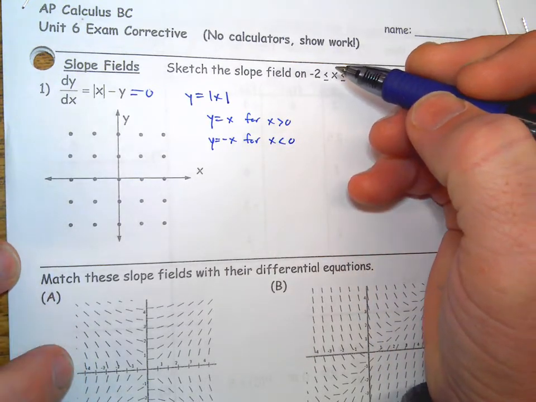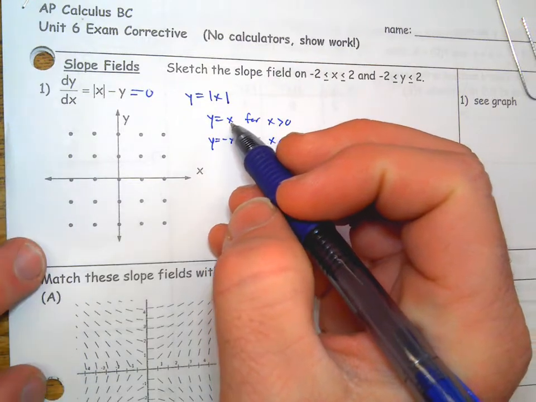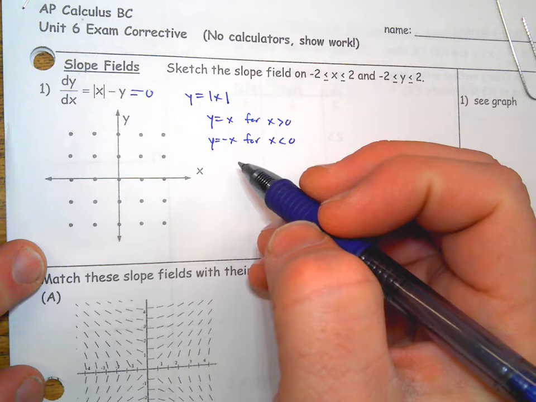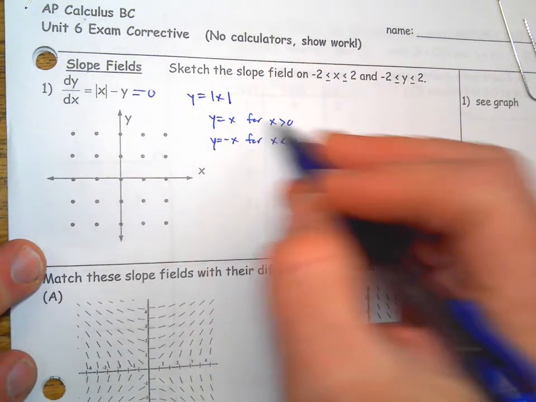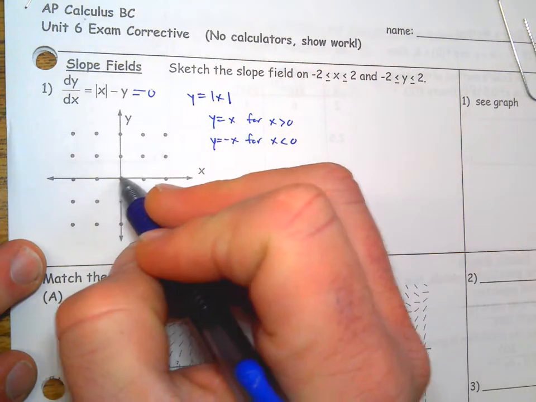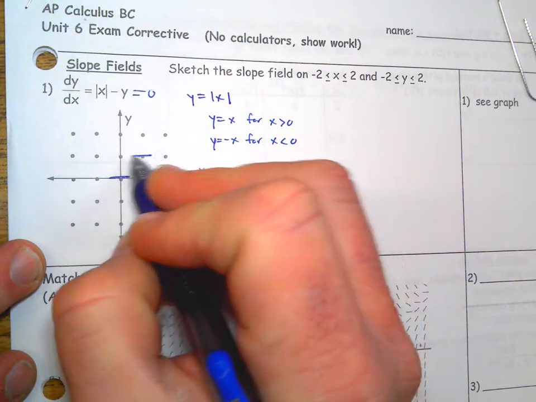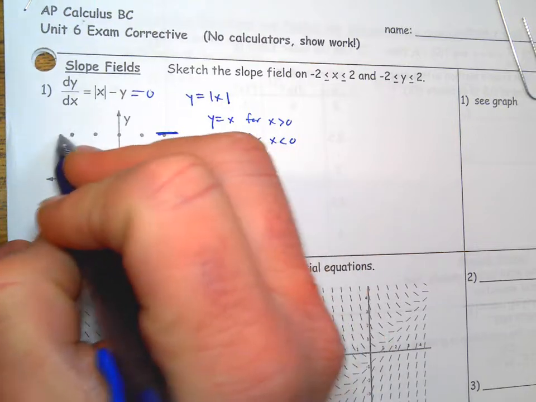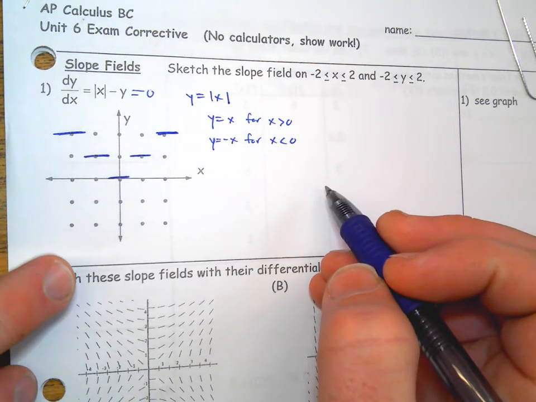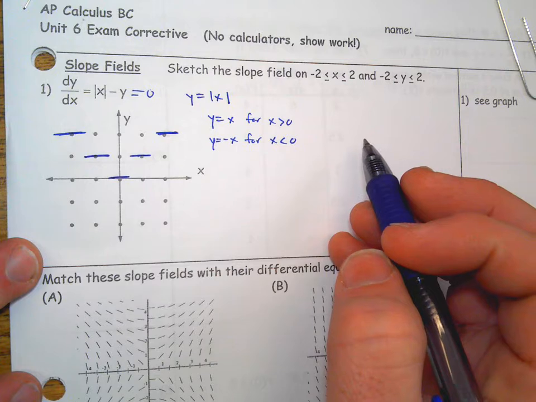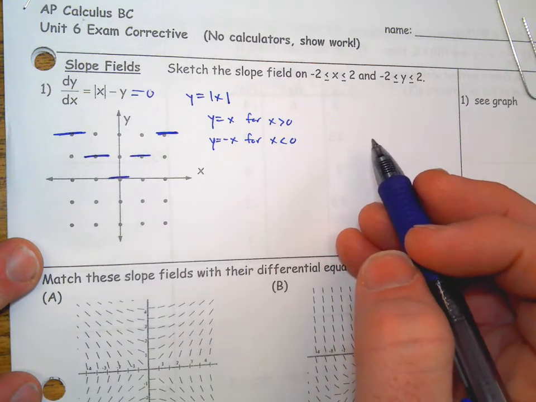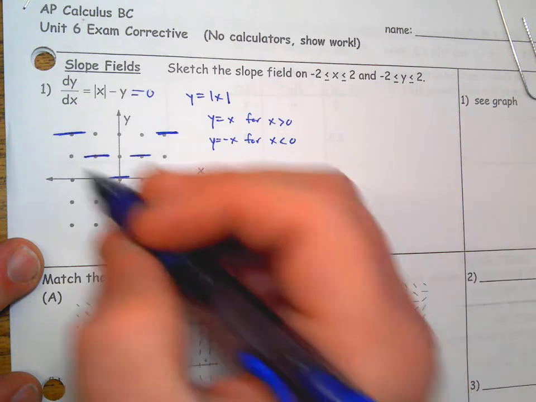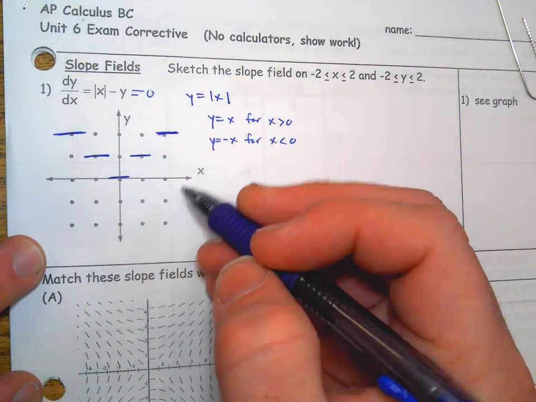So the zeros are going to lie on these lines: y equals x for positive x's and y equals negative x for negative x's. We could then just calculate some others and see what happens. I don't know if there might be sort of symmetry along this kind of V.